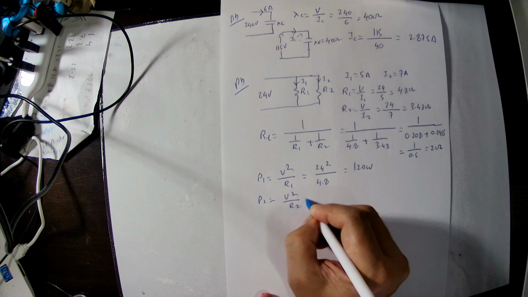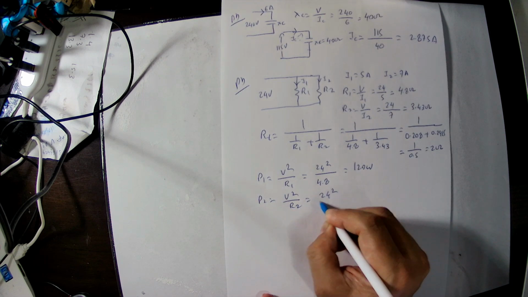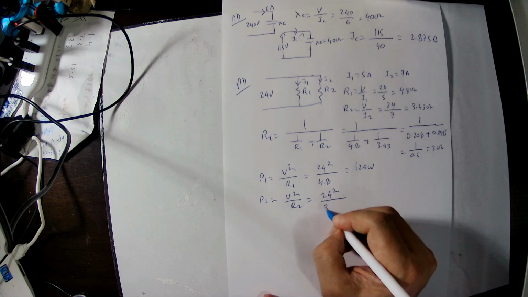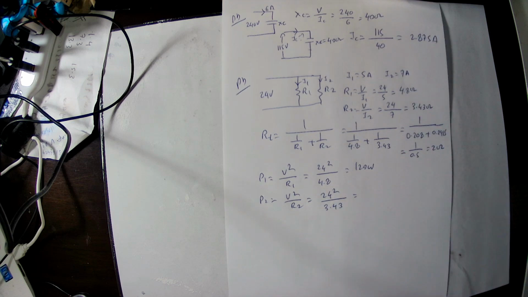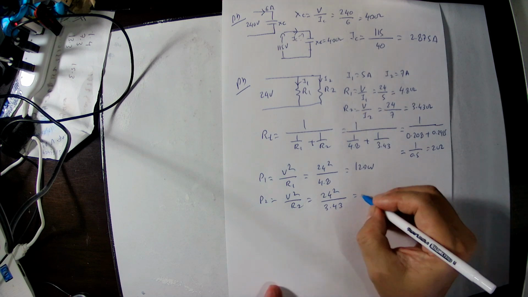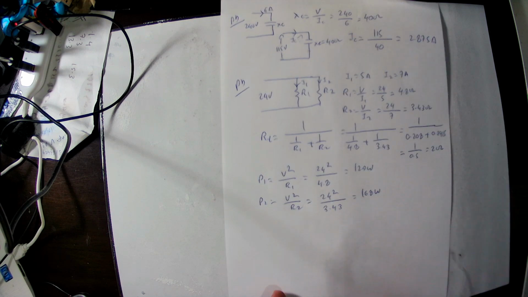Voltage 24 squared divided by 3.43 is about 168 watt. So this is the way we calculate the power P1 and P2.